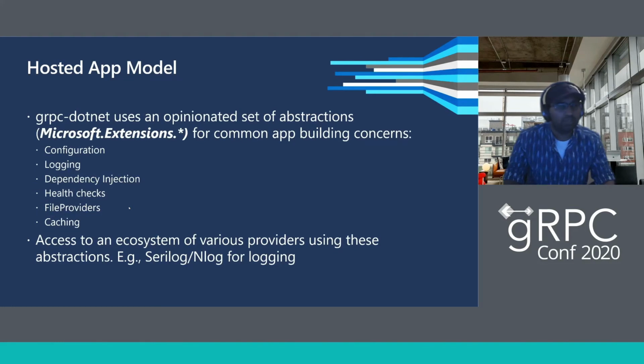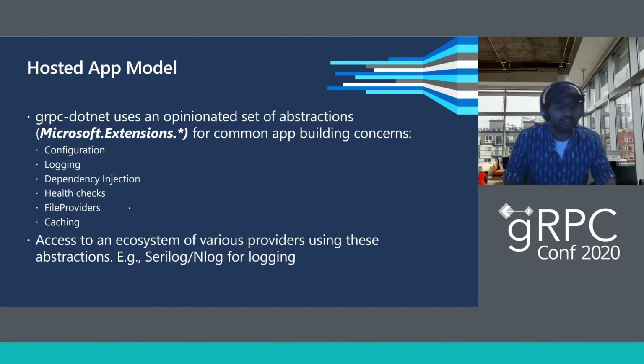And while we're unopinionated about what libraries you use to solve these concerns, we do build upon the common abstractions provided by the Microsoft extensions libraries. And since these are wildly popular in the .NET ecosystem, you get access to a rich ecosystem of various providers.